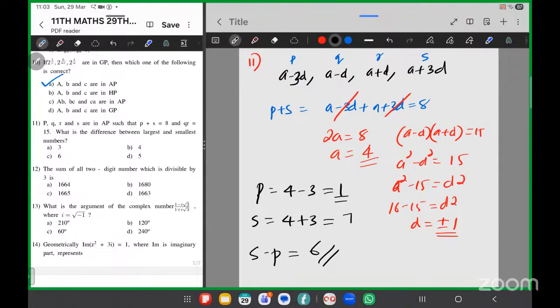So 6 आना चाहिए. A plus 3D. Difference is 6 only. So answer is, so option is C.